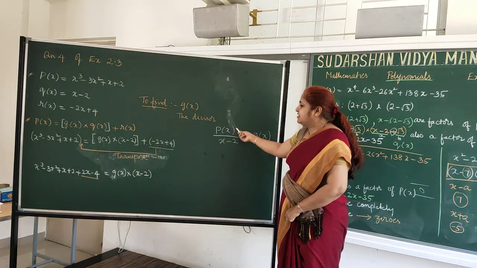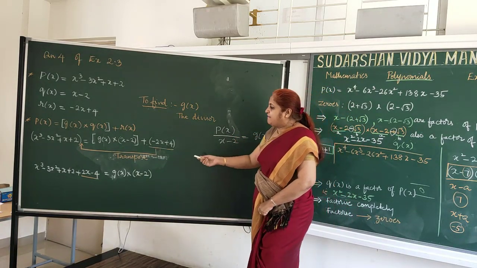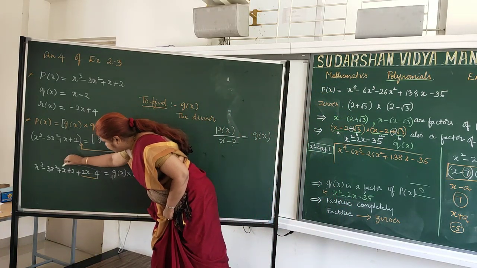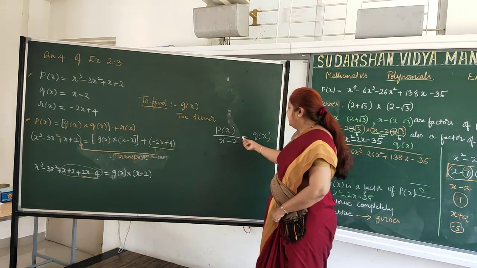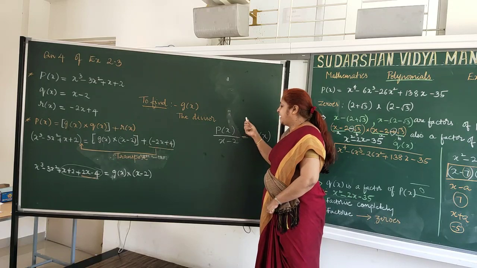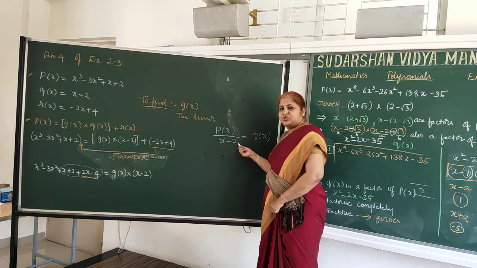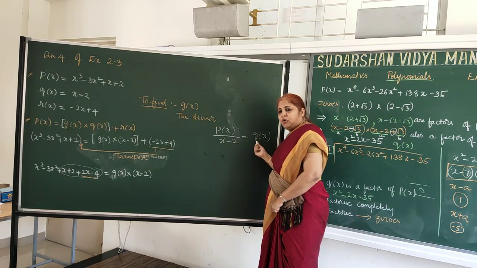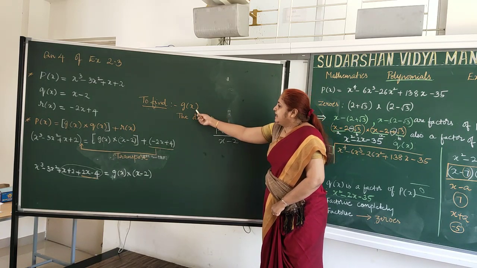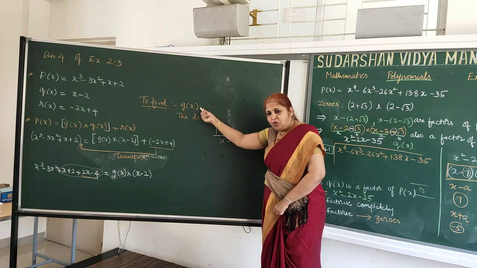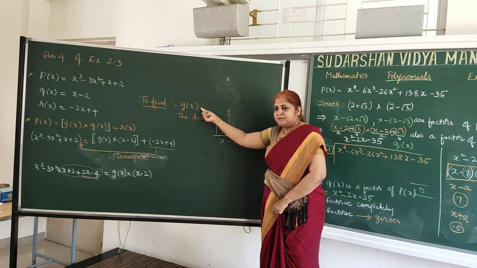It's a simple division that you have to take after simplifying these terms. You will simplify the like terms here, then take the expression that is obtained, divide by x minus 2 to obtain g of x. And that is how we get the divisor g of x.